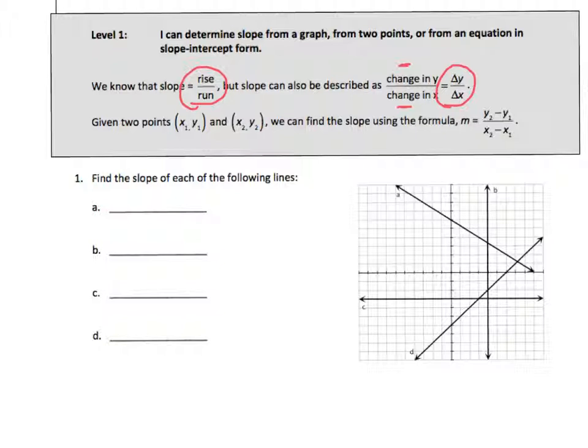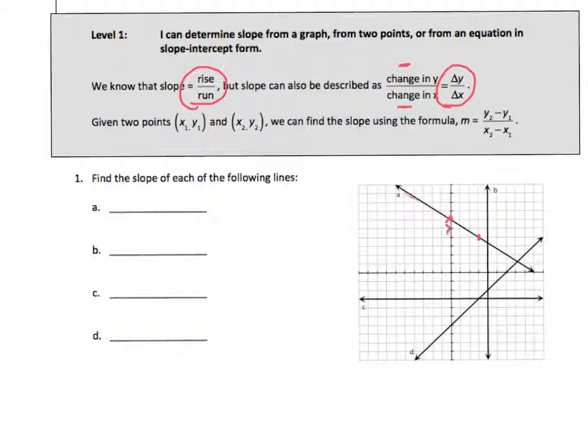So if we're looking at these examples here in number 1, it says find the slope of the following lines. So A is this line going down here. You want to pick a point that is on a good axis, not in between two points. So I would pick points like this one and this one. It doesn't have to be on an axis, it just makes it nice because it's a whole number. So I'm going to first count down and then count over.